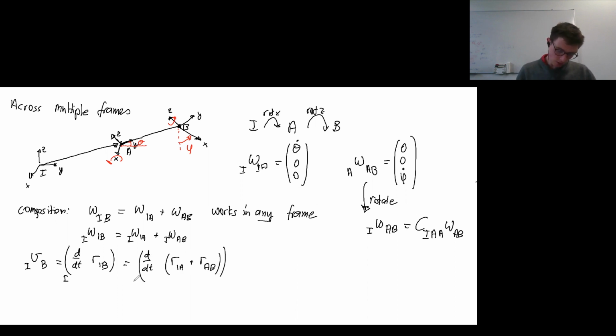And still all of this expressed in I frame. Because this is a plus, like an addition operation, we can pull them apart. So we have d by dt r IA in I frame plus d by dt r AB in I frame.